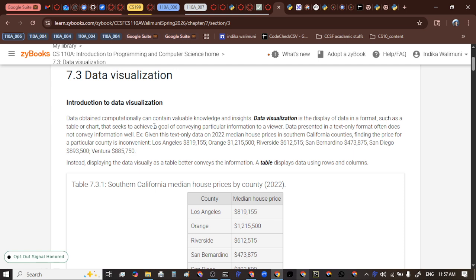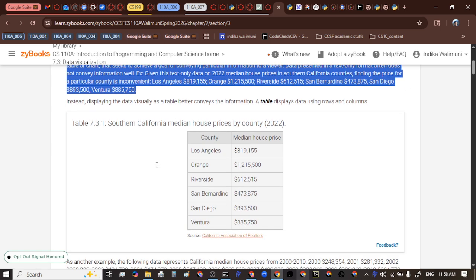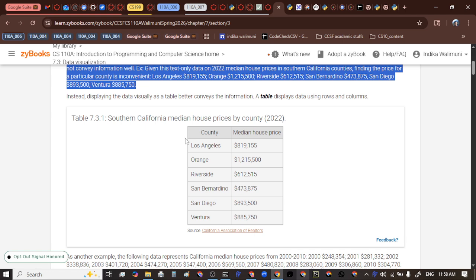So obviously a paragraph is not the way to visualize data. This is a big no-no. In a report, if we write our data like this, it's not a good report. Instead, one way to visualize it is in a table, and this is more explicit, right?